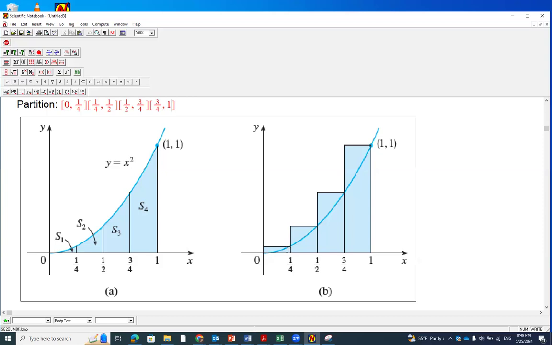For example, we're going to use this rectangle, which the height is the function value at the right endpoint. We're going to use this area to approximate the area of S1.